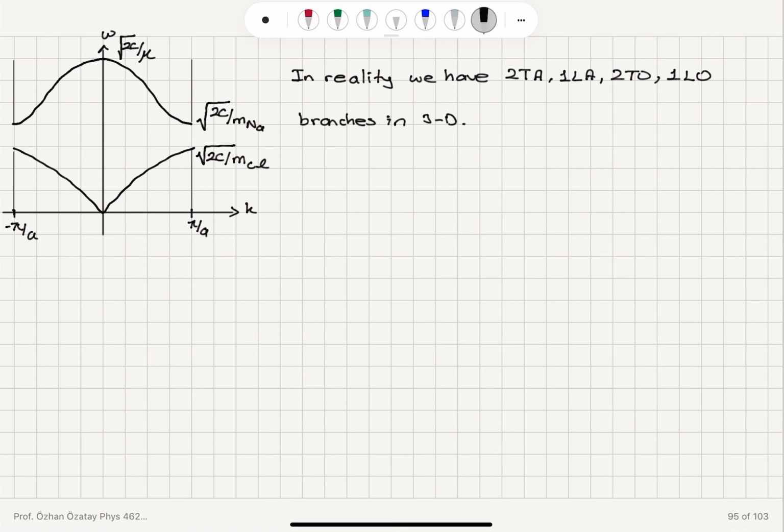And remember, some of these could be degenerate. And for this lattice, we have a maximum angular frequency omega max equal to square root 2C over mu. So here C is what we call the spring constant.